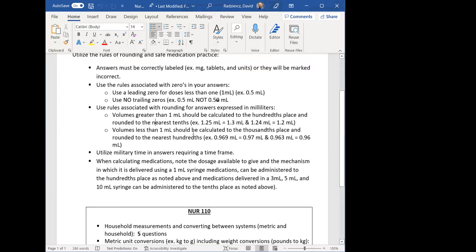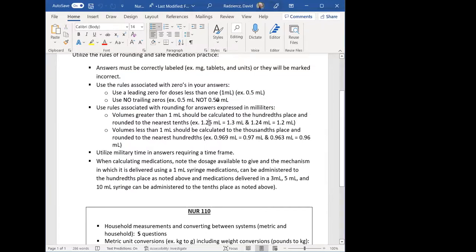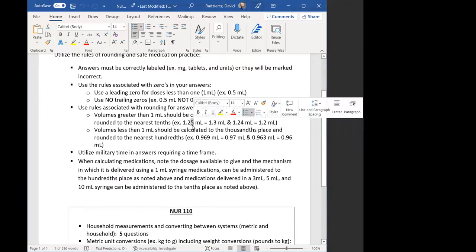So what do I mean by that? Let's say you get an answer that is 1.25 milliliters. You're going to look at the 5, which is in the hundredths place. If that 5 is 5 or greater, you're going to round the number in the tenths place up. If it's 4 or fewer, you're going to leave it alone.